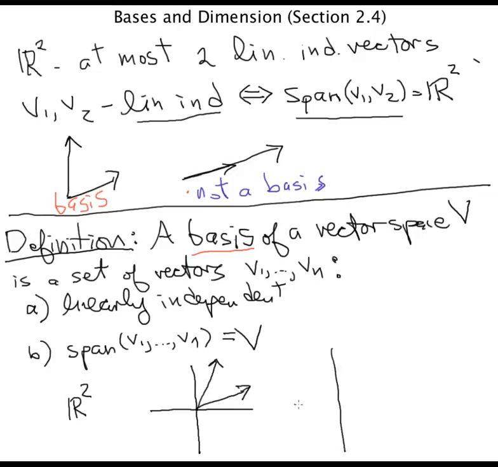And one of the key points is that it's sort of obvious that to find a basis of R2, it always has exactly two vectors in it. And that leads to the notion of dimension.